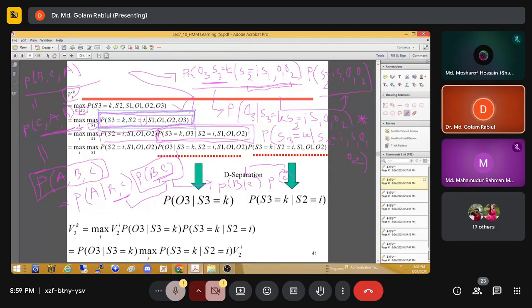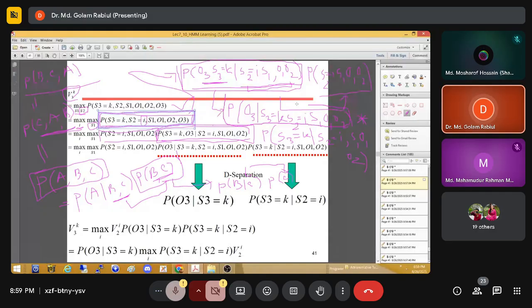So that means this probability we can write as the multiplication of these two probabilities, again utilizing our chain rule of probability theory. And that's what we have written here, that is this probability is equivalent to this one multiplied with that one.